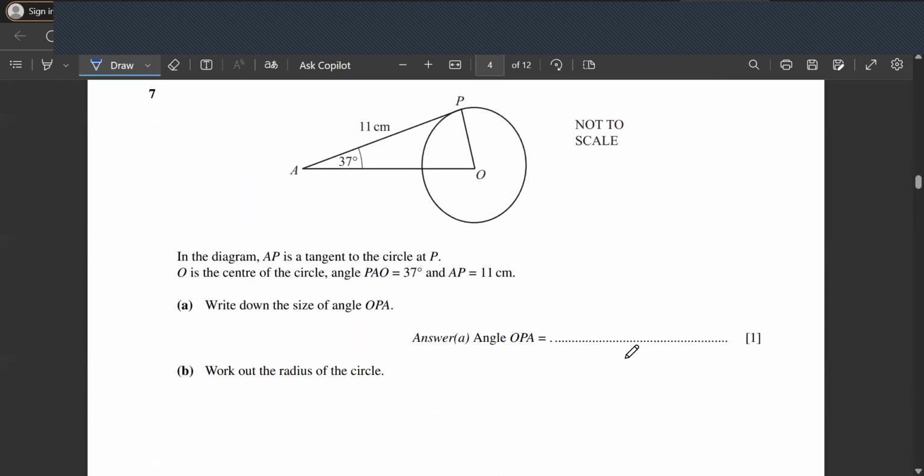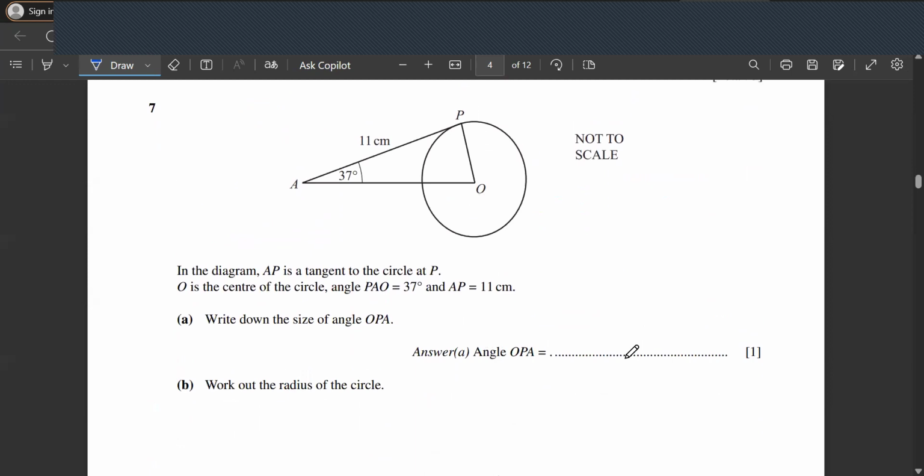Okay. Read this question. Question number 7. What should I do here? He's giving me this circle and write down the size of the angle OBA. Make sure that all the givens you read are written on the drawing.